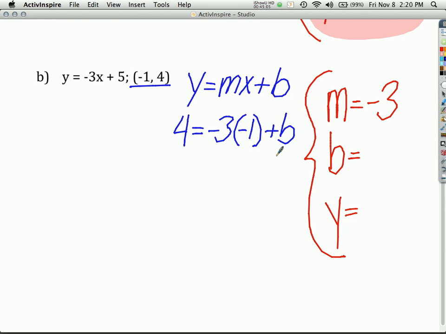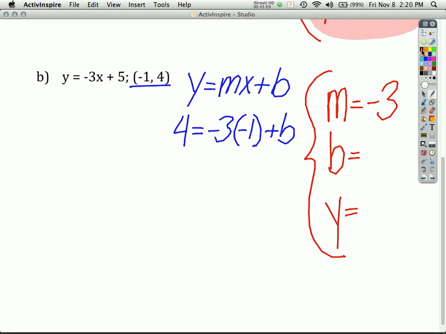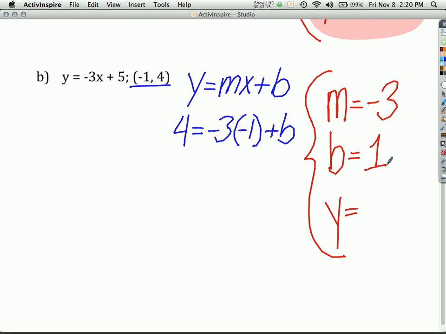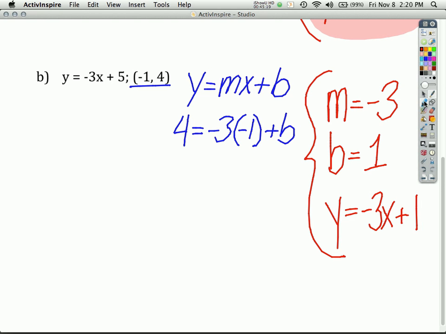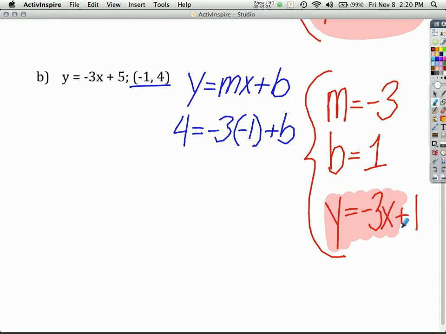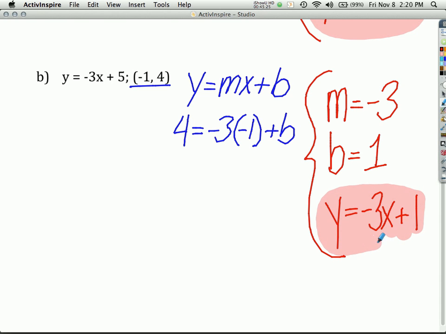Alyssa? It will be 1. So this is the y-intercept of my new line, and so I can now simply write y equals negative 3x plus 1. And I have found the line parallel to my original line, and it passes through that given point.